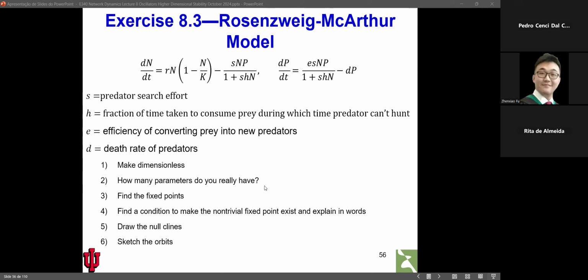Because when you make it non-dimensional, like the wave equation, the only parameter you have there is the velocity of the wave.